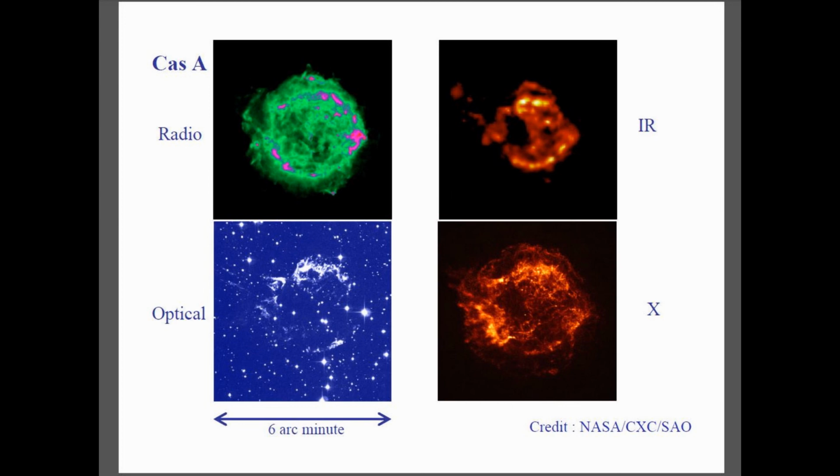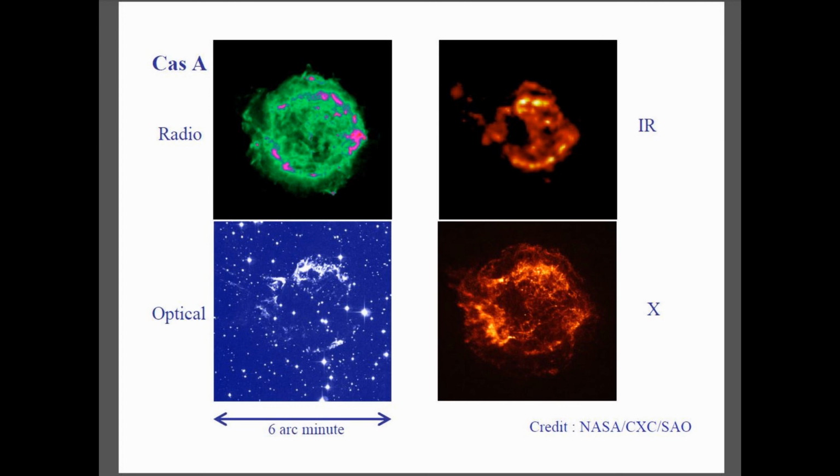This is the Cassiopeia A constellation in the northern hemisphere, and somewhere in this constellation there's a point which is not visible to the naked eye. But this point is a remnant of a supernova. In fact, this is the last known supernova of our galaxy.